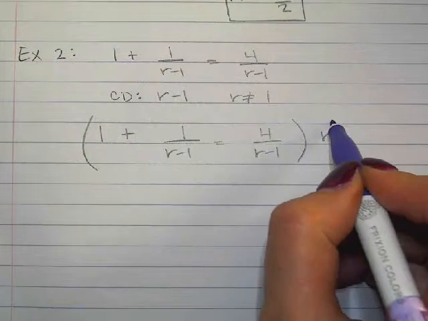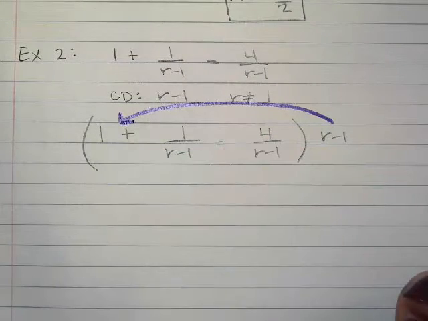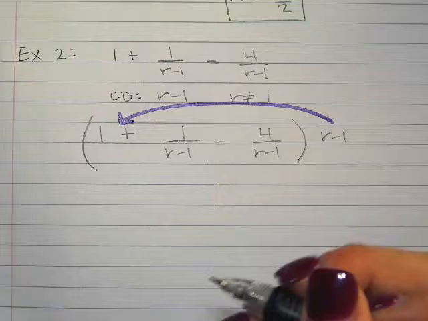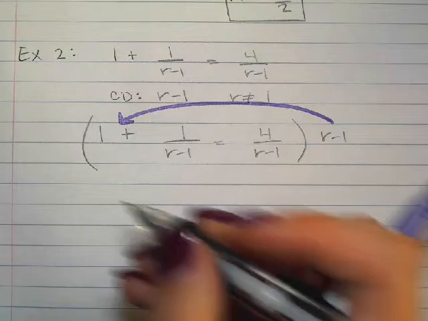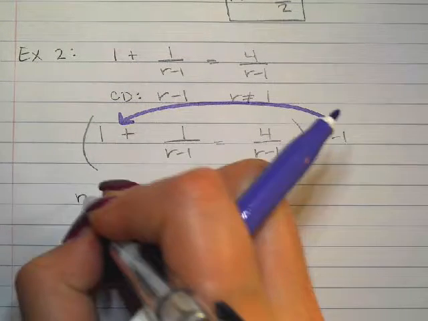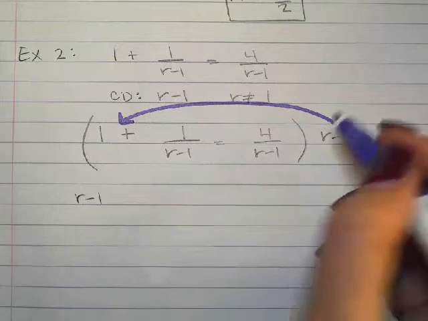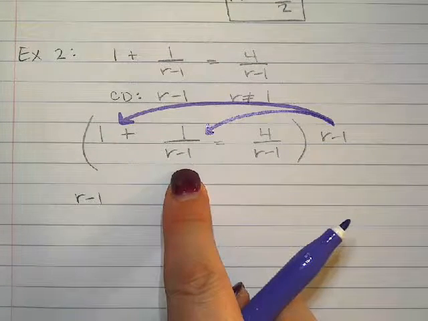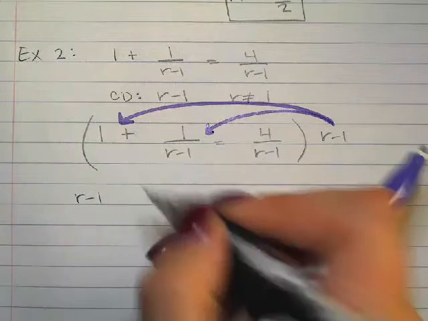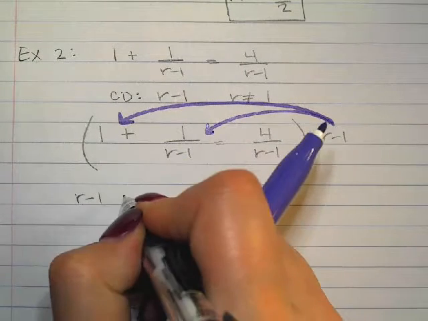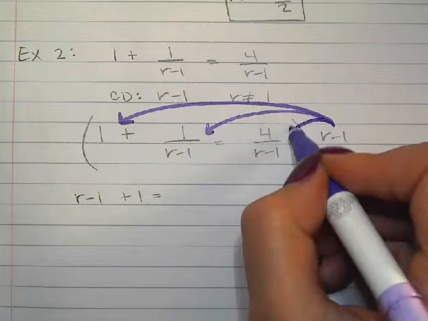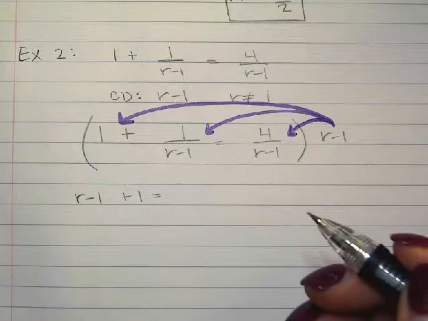When I take the r minus 1 and multiply it by the first term, what happens? It's just r minus 1, right? When I multiply it by the second term, what happens? They cancel and I would just get 1 plus 1. When I multiply it by the last term, what do I get?